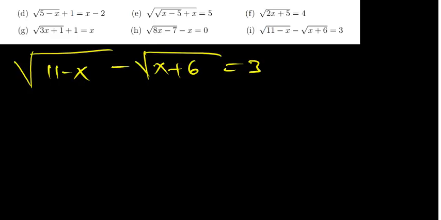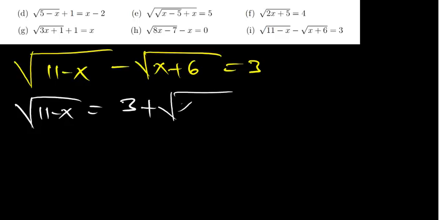So I'm going to shift this one to the right hand side. I'm going to say 11 minus x is going to be equal to 3 plus the square root of x plus 6. At this point now, I can square. If I square this, this will cancel, so I'm going to have 11 minus x.